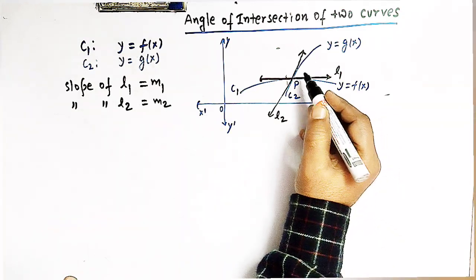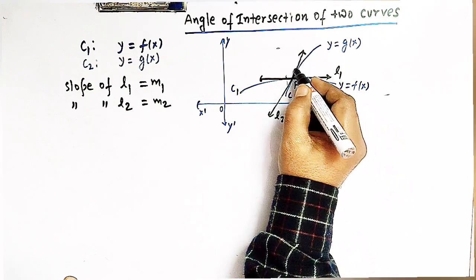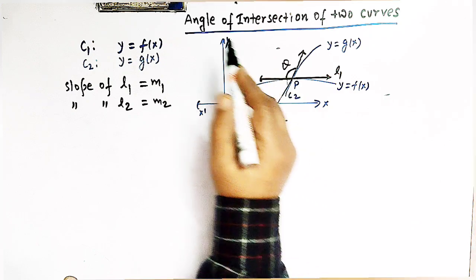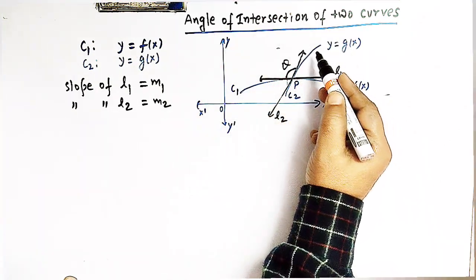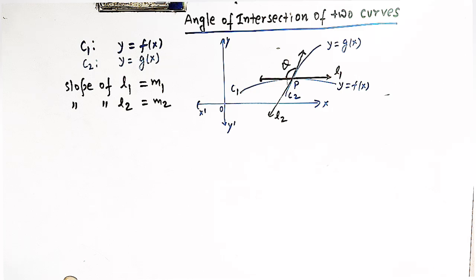Now suppose the angle between these two tangents is theta. So theta is the angle of intersection of these two curves at their point of intersection.